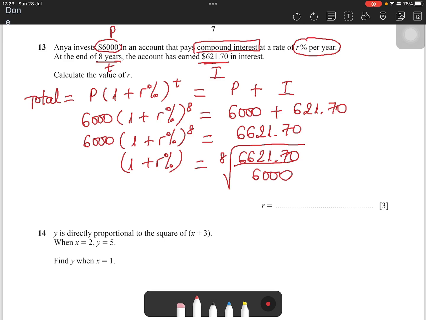And then I'll remove the number 1 by subtracting 1 from both sides. The 8th root of 6,621.70 over 6,000 minus 1. R% means R divided by 100. So to remove the percentage, we'll multiply both sides by 100. So the answer for this is 1.24.